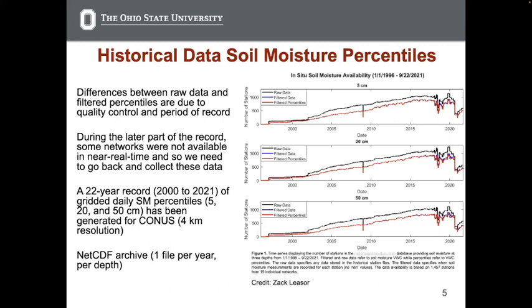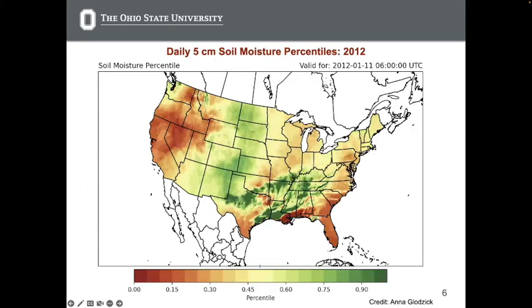So we have surfaces of 5 centimeter, 20 centimeter, and 50 centimeter interpolated soil moisture. Note that in 2000 there are not a lot of stations, and we still have reported a soil moisture percentile at every 4-kilometer grid cell in the United States. We know that's not going to be the world's most accurate product, but it's now available in a lovely NetCDF format.